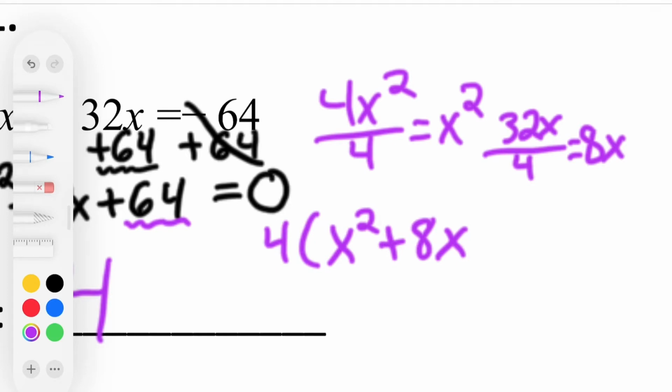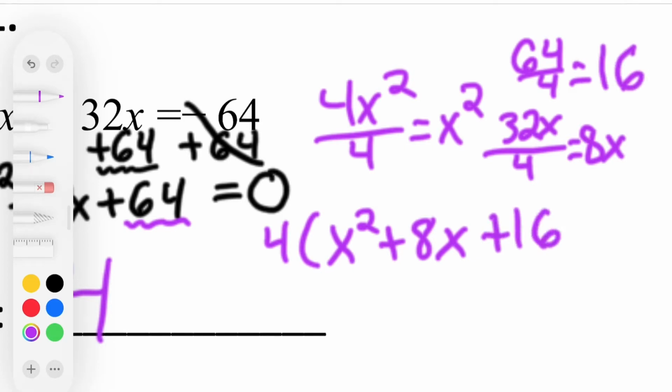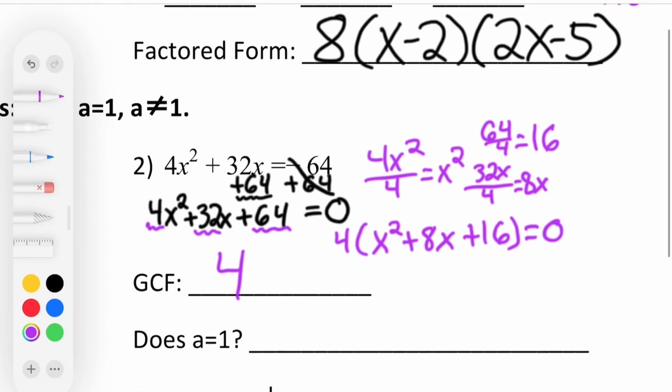And then we have positive 64 divided by our GCF, which is the same thing as 16, so plus 16. And then we still have the equal to 0.